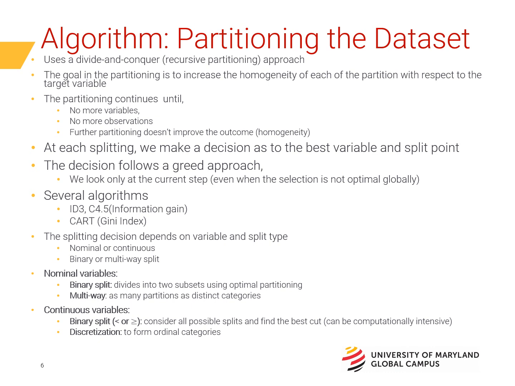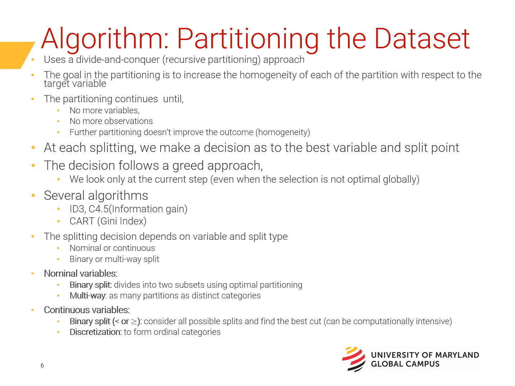For nominal variables, two common approaches are binary splits and multi-way splits. In a binary split, the variable is divided into two subsets based on an optimal partitioning. On the other hand, a multi-way split creates as many partitions as there are distinct categories for the nominal variable. When dealing with continuous variables, the algorithm needs to determine the best cut point to create the most homogeneous subsets.